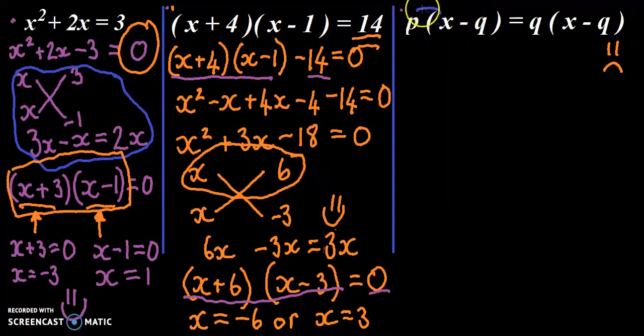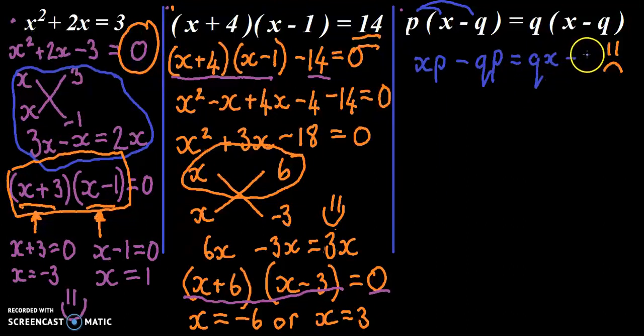Okay, first we're going to multiply out the brackets. So now we've got xp. I suppose I could have written px. And qp. And then I've got qx minus q squared.